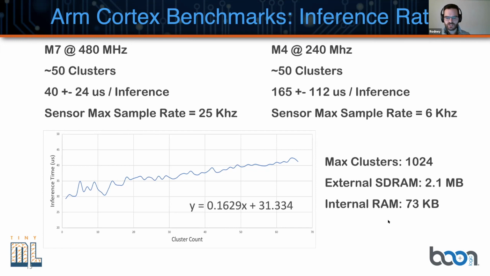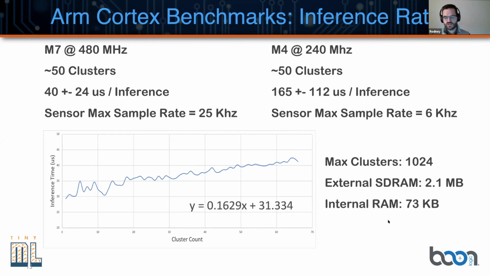Again, using the same data stream that produced around 50 clusters, we had an average inference time down around 165 microseconds with a slightly wider standard deviation. So this means that even on these smaller, lower powered platforms, we can support data rates up to around 6 kilohertz. For those kinds of applications, that's still within the working range for a lot of sensors.